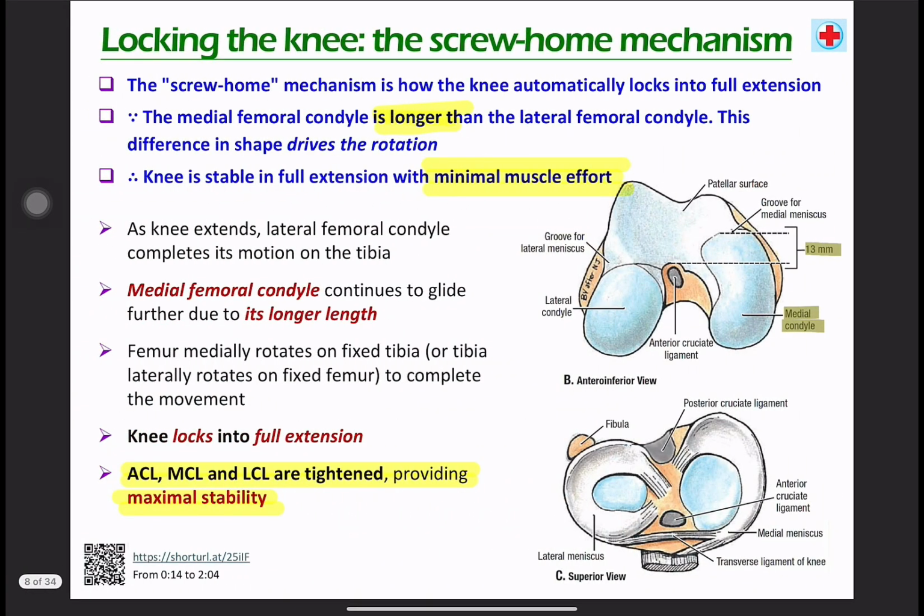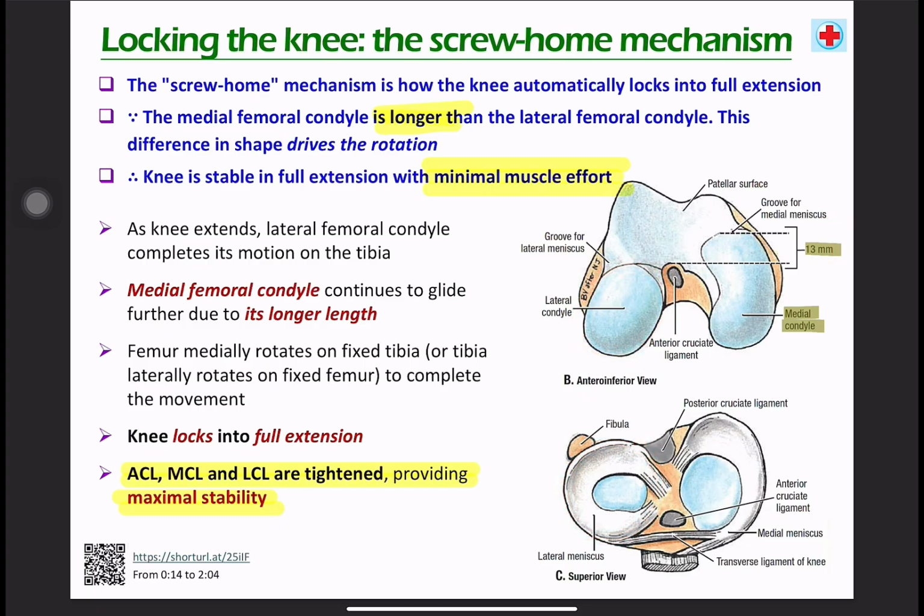The knee locking mechanism, also known as the screw-home mechanism, works as follows. First, as you can see here, the medial femoral condyle is approximately 13 mm longer than the lateral condyle. So when the knee moves from flexion to full extension, the lateral femoral condyle becomes fully accommodated in the lateral meniscus. However, part of the medial condyle remains exposed because of the difference in length.